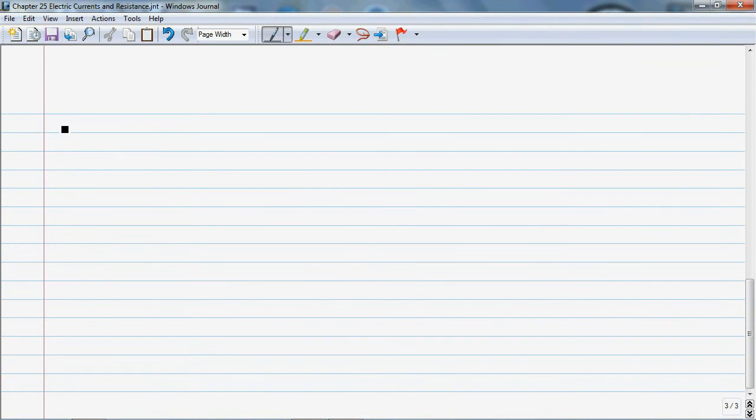Now, one measure that we need to understand is root mean square.